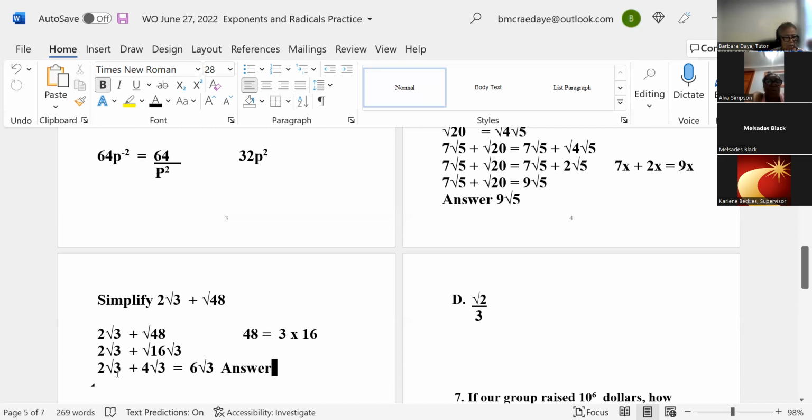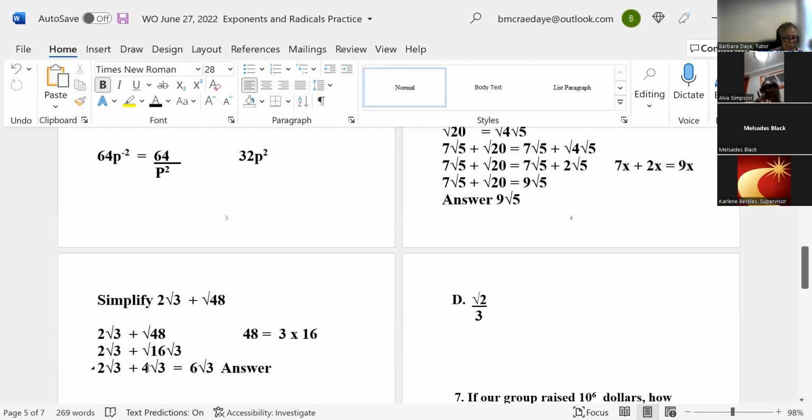So you can treat these just like a variable. If this had been a z, 2z plus 4z would be 6z. So 2 times the square root of 3 plus 4 times the square root of 3 is 6 times the square root of 3, because I just add the coefficients 2 and 4.